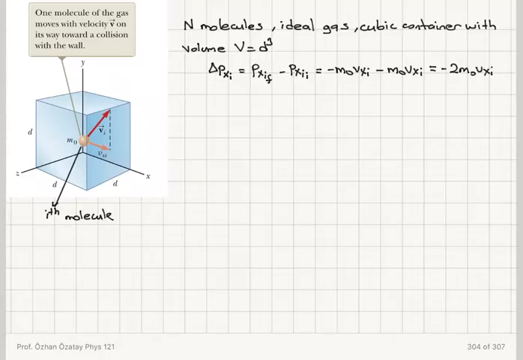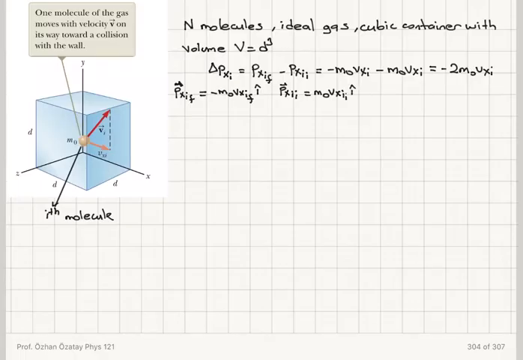Why is that? Because p_xi final will be equal to minus m0 v_xi final in the i hat direction, and p_xi initial is m0 v_xi initial in the i hat direction.